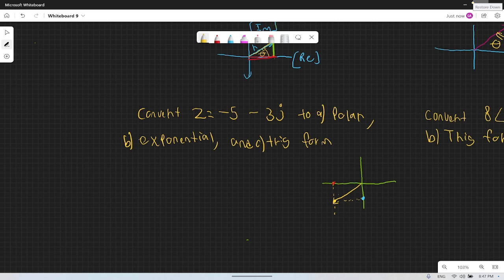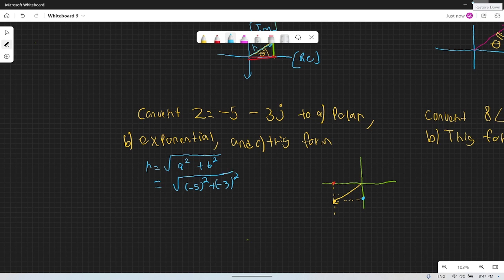So now we can find our length r. r equals the square root of a squared plus b squared, which equals the square root of -5 squared plus -3 squared.